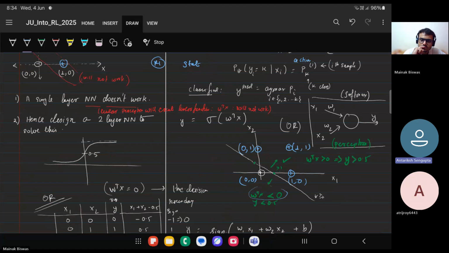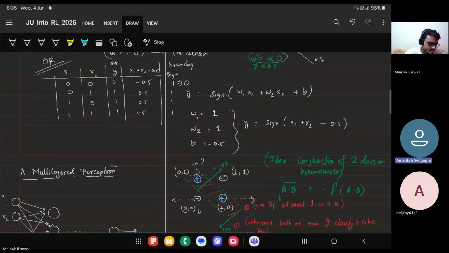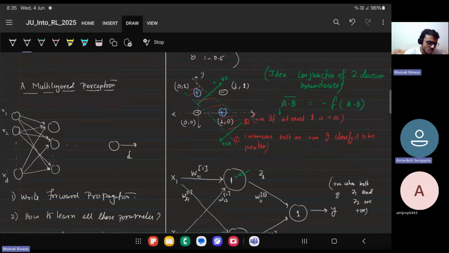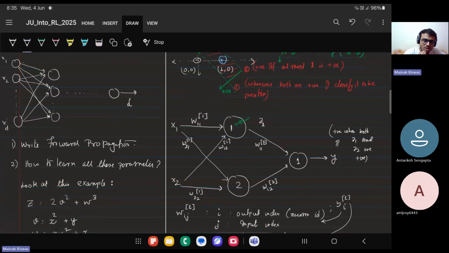Like there also it is two layers only, two linear layers which get added up. It's not two linear layers. It's not two linear layers.